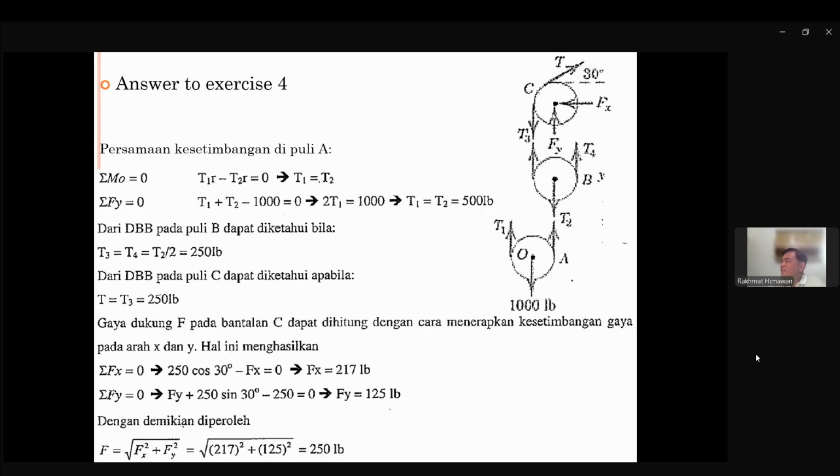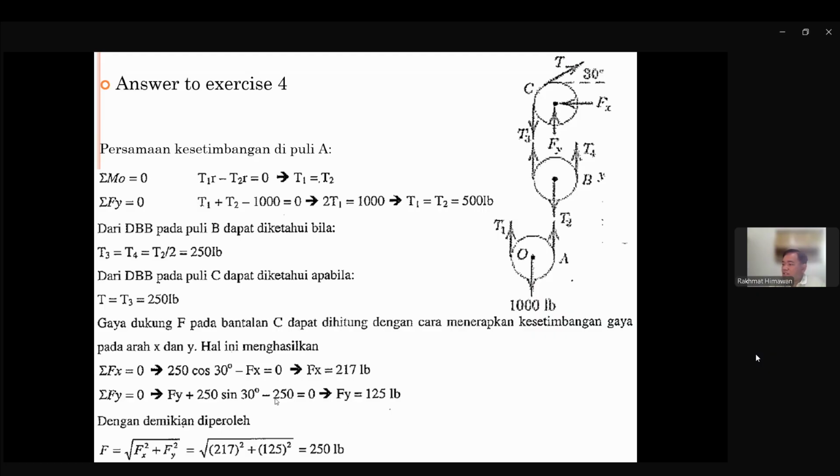Now we need to find the Fx and Fy in this case. Since we know T is 250, now we need the cos 30, the 30 degree angle, based on sigma Fx equal to 0 and sigma Fy equal to 0. You can find what Fx and Fy are.